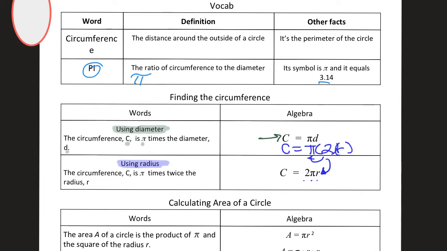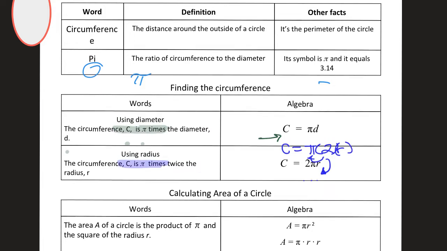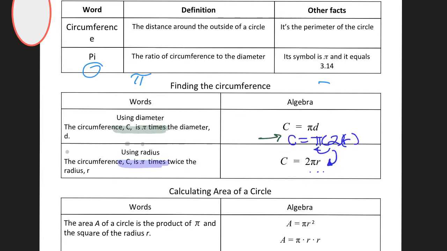So for the area of a circle, our formula is the area of the circle is pi times the radius squared. Okay, so that's what it looks like over here.